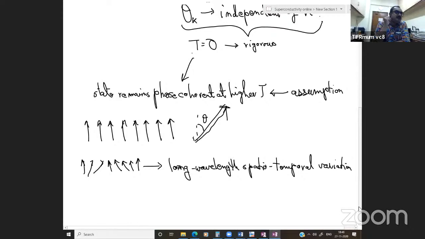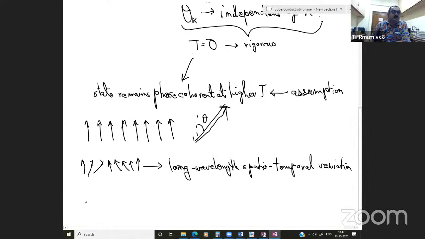So how did BCS get away without considering the long wavelength excitations of the phase? And in spite of that, why is BCS theory so successful?